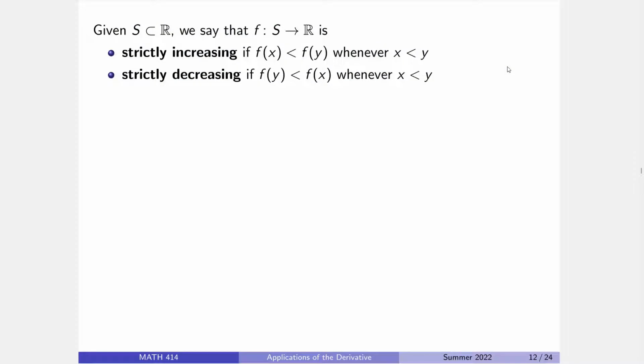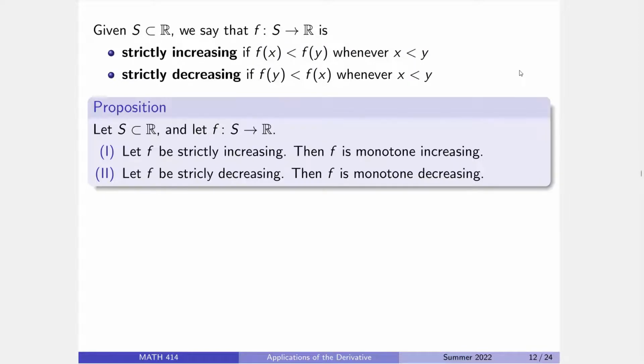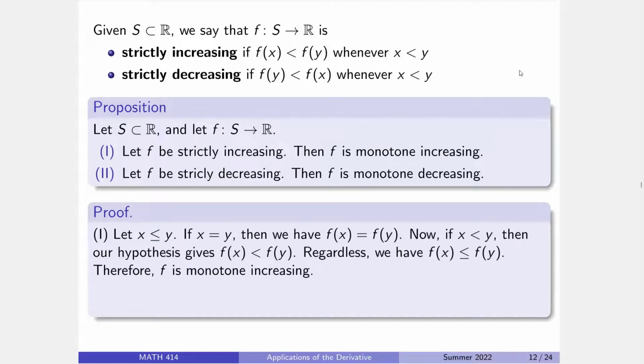Something that we promised was that increasing plays a role with derivatives, so let's see how that happens. A function is said to be strictly increasing if, instead of our usual monotone increasing inequality, we have strict inequality. And if you're strictly increasing, you're monotone, it's super easy. If x is less than or equal to y, well, if they're equal, then things work.